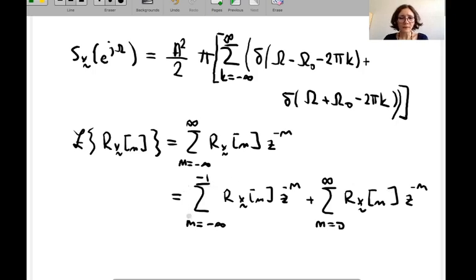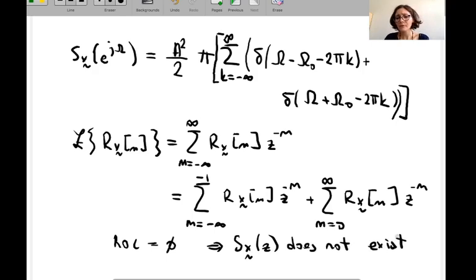But for what values of Z? This one will converge when the magnitude of Z is smaller than 1. And the second sum will converge for Z values that have magnitudes larger than 1. If you intersect these two regions of convergence, you get the empty set. So the region of convergence of this overall expression is the empty set. So this is why the Z transform does not exist. So Sx of Z does not exist.